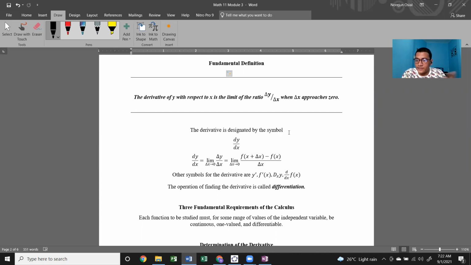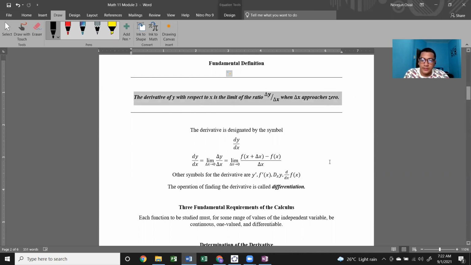This just means the derivative of the dependent variable with respect to the independent variable. Other notations are y prime, f prime of x, and the derivative of f of x with respect to x. So how did we arrive at this definition?